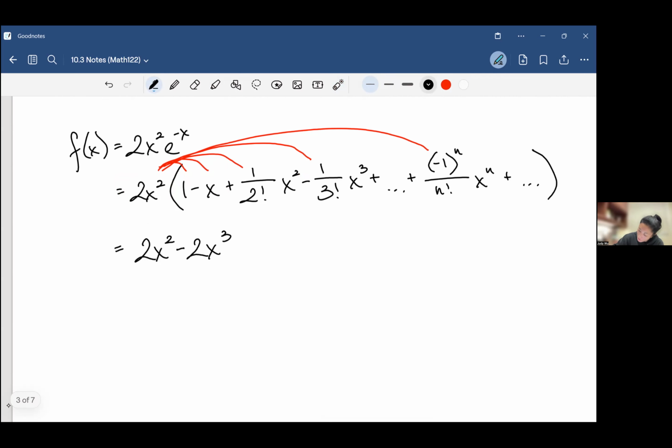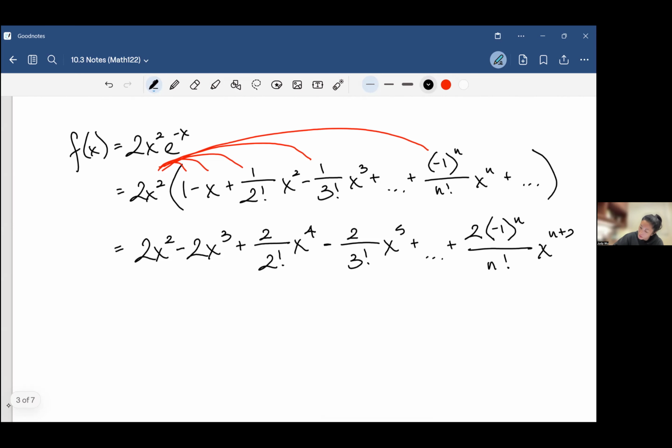Let's do the numbers first. 2 over 2 factorial, and then x squared times x squared is x to the fourth. Minus 2 over 3 factorial, x to the 2 plus 3 will give us 5. Okay, plus 2 times negative 1 to the n over n factorial x to the n plus 2.